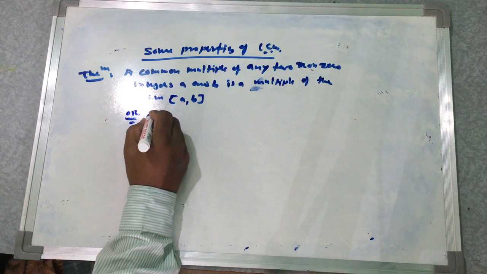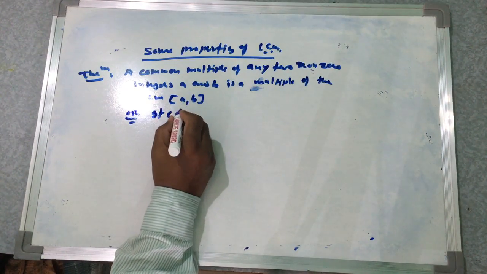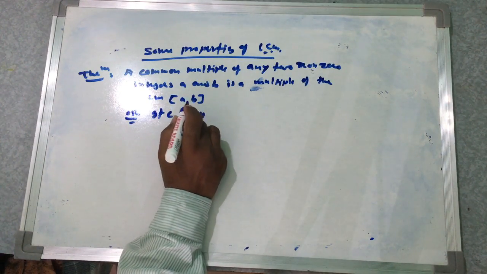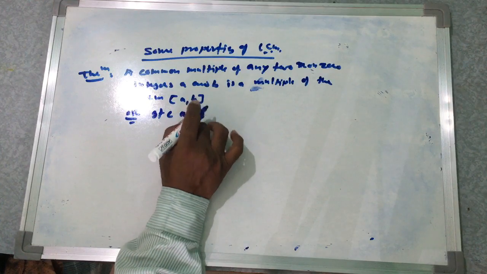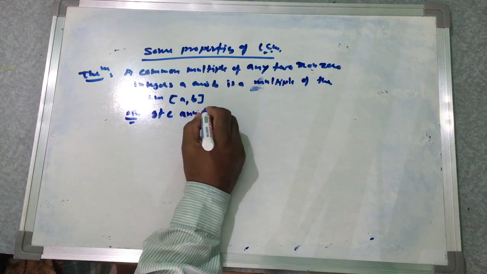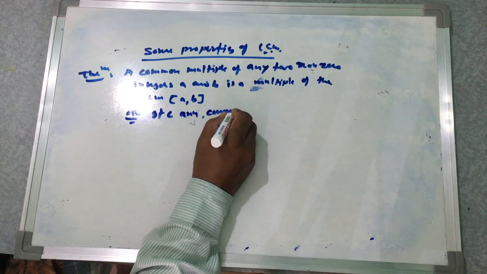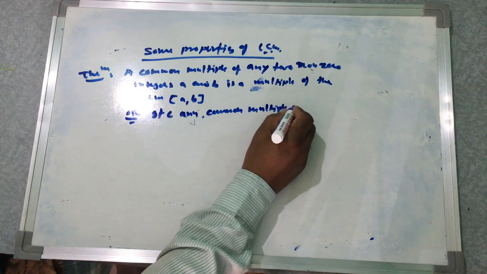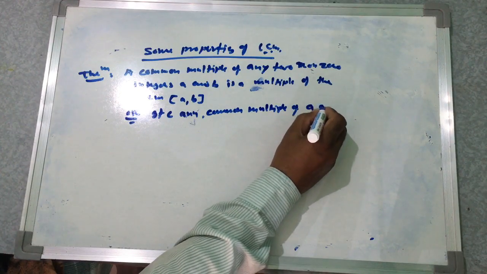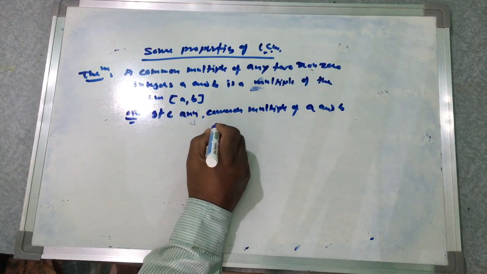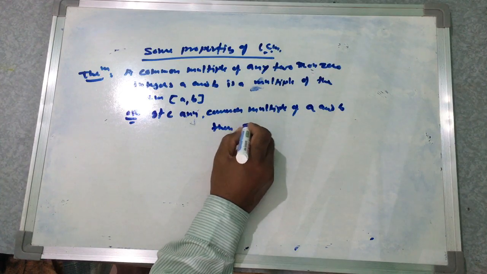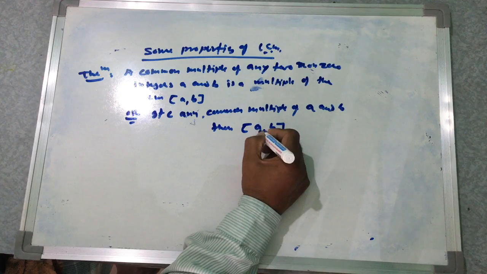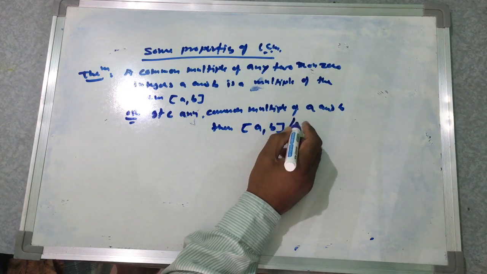Or, if c is any common multiple of a and b, then we have to write, so here [a, b] divides c.